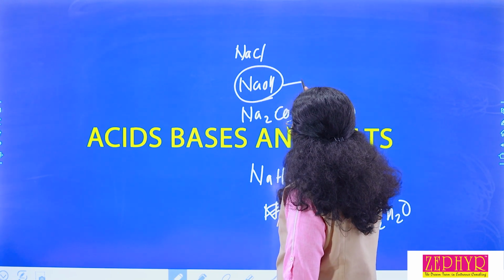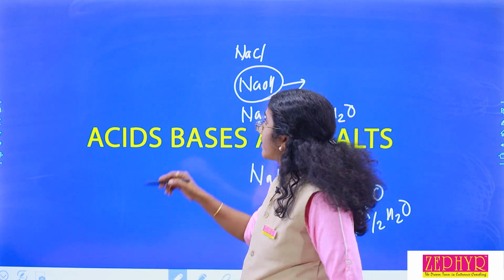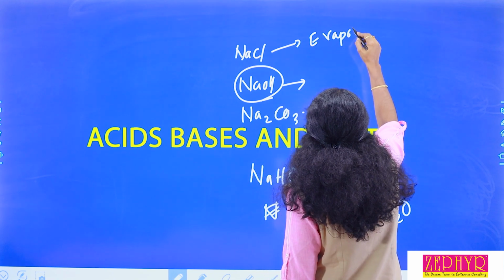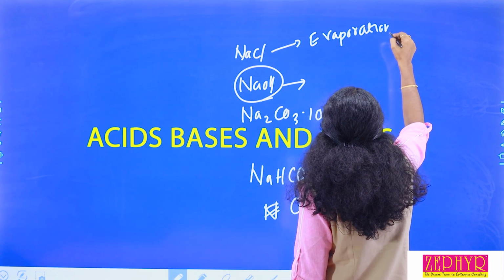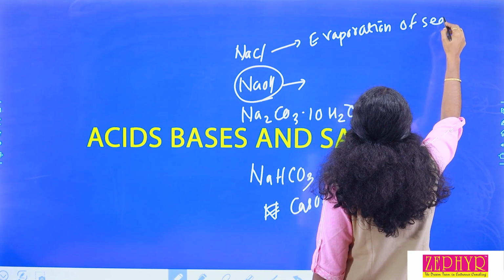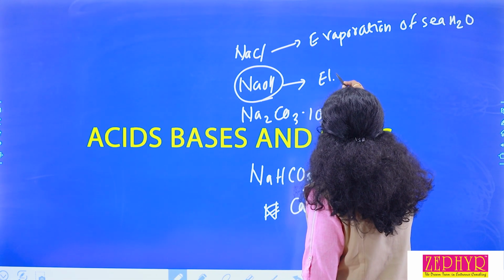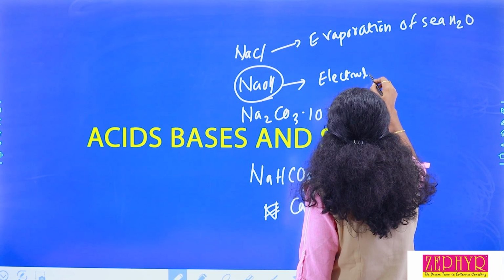Sodium chloride is obtained from evaporation of seawater. Sodium hydroxide is obtained by electrolysis of brine solution.